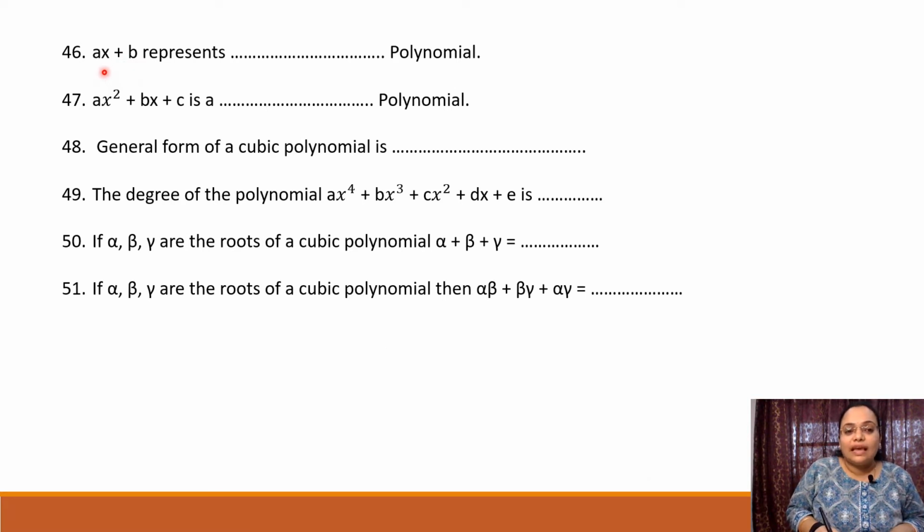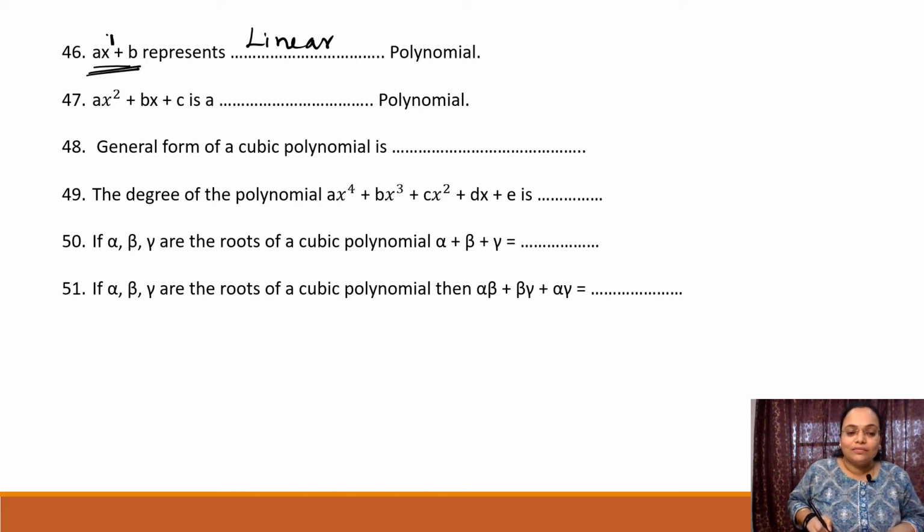The next one is ax plus b represents a linear polynomial, right? Because the degree of ax plus b is 1, x power 1, right? x power 1. So it is a linear polynomial.